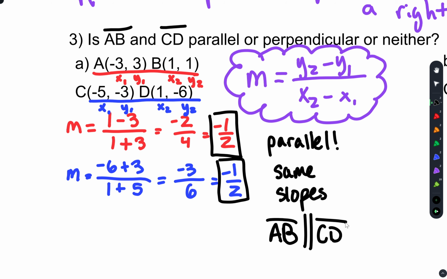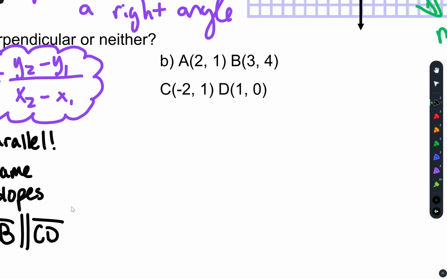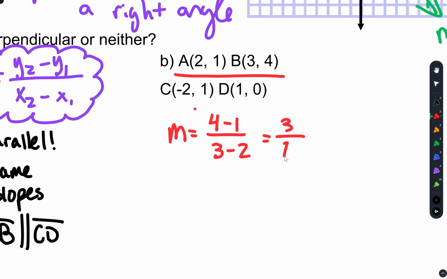Okay, can we do B and then we're done? Same deal. I'm going to take my first 2 points, the slope, 4 minus 1 over 3 minus 2. For letters C and D, 0 minus 1 over 1 minus negative 2.